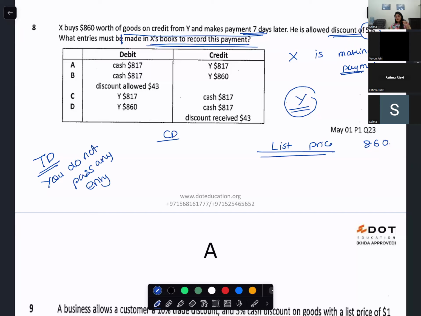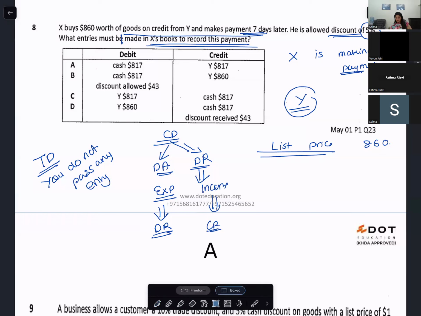But for cash discount, you will always have an entry either of discount allowed or discount received. Discount allowed is an expense for you, and there is a rule that you debit all expenses and losses. Discount received is an income for you, and it's a rule that you credit all income and gain.